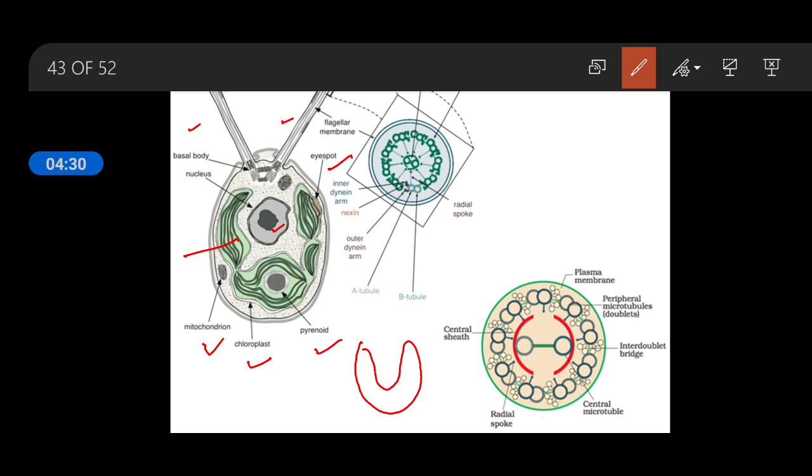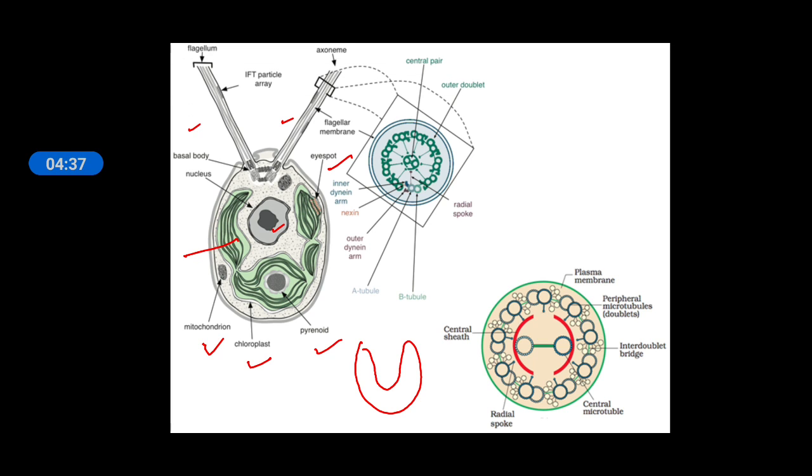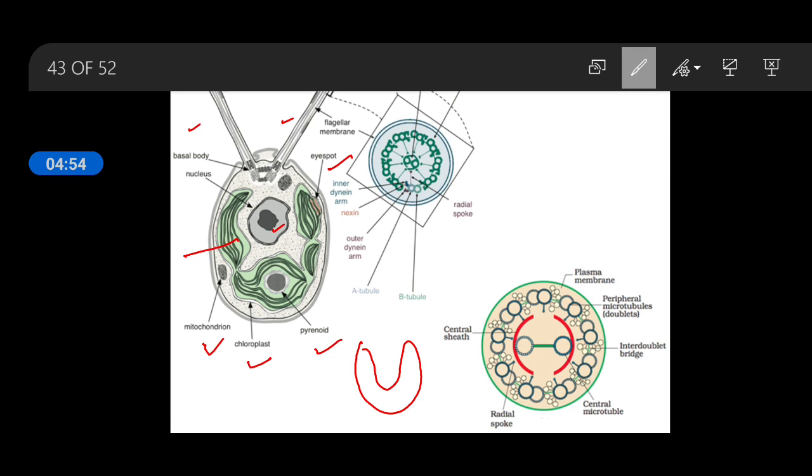So you can see a single flagellum, and if you see the second flagellum, its labeling is axoneme. Axoneme represents the core part. Now see this diagram. The core region is the axoneme, and the outer region is the plasma membrane covering.